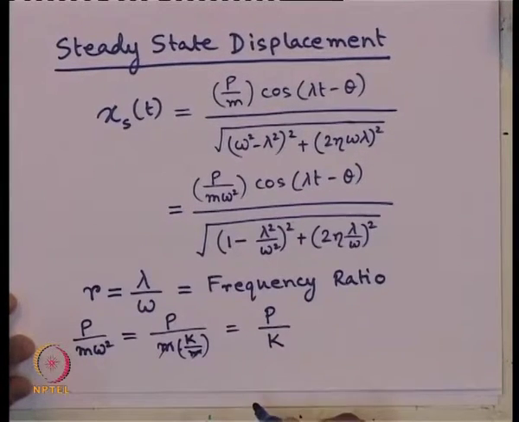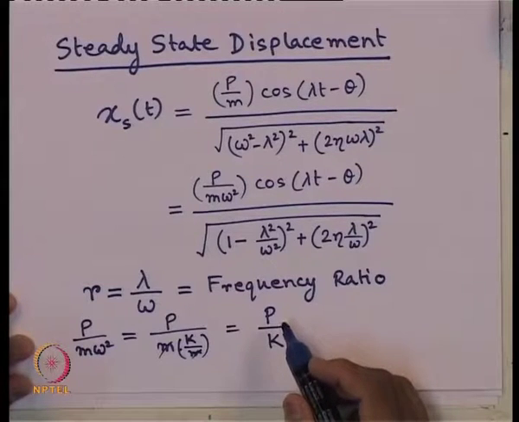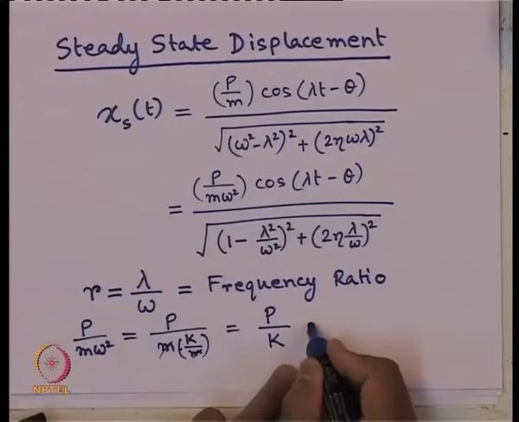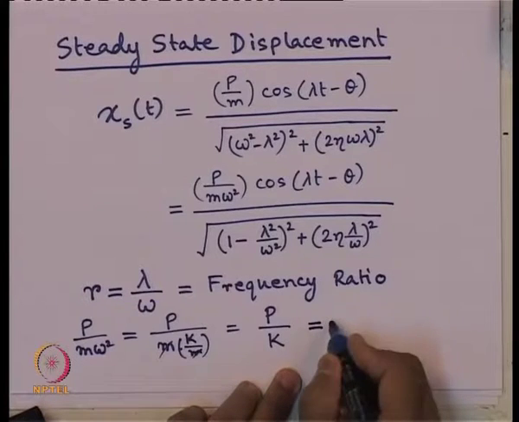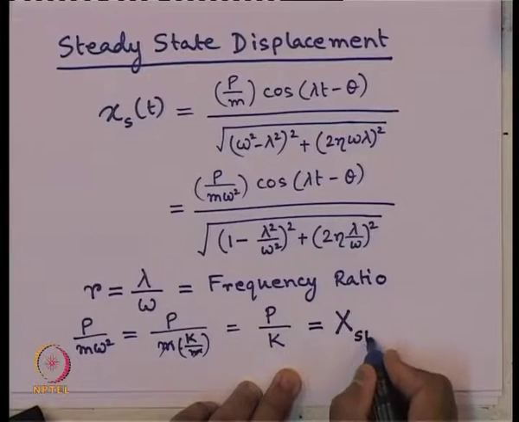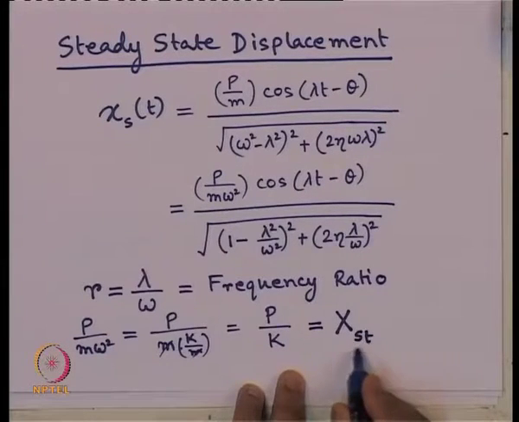Now, what is p by k? P was the amplitude of the dynamic load and k is the stiffness, means spring constant. So, load by stiffness is nothing but the static displacement. So, this we are denoting as say capital X S T. S T means static.